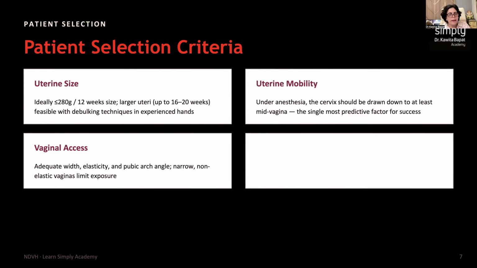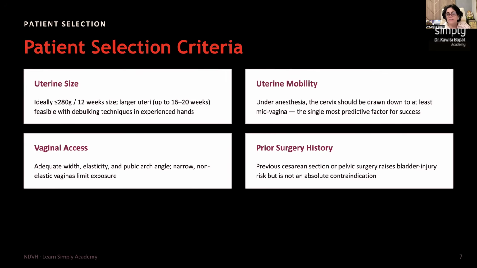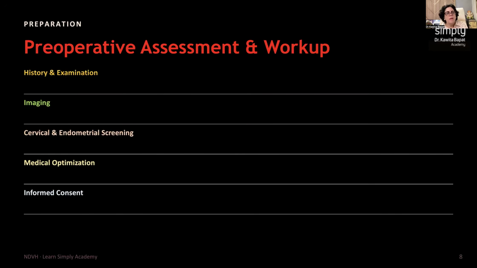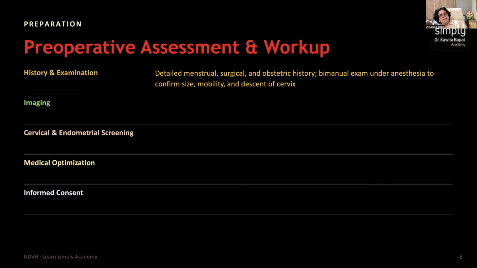Vaginal access: adequate width, elasticity, and pubic arch angle; a narrow, inelastic vagina limits the exposure. And a history of prior surgeries or previous cesarean section raises risk, but they are not absolute contraindications.